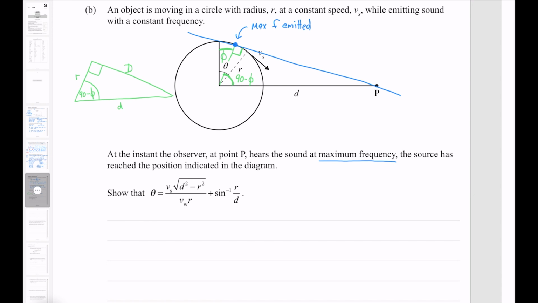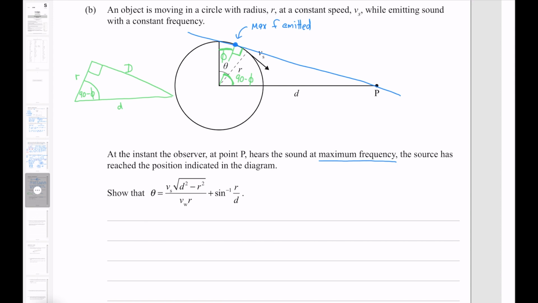Then I want to find an equation for the time, which we'll be able to do by using Pythagoras to find the distance and knowing that the velocity of the wave is just VW. Following that, we can just use some basic rotational mechanics to formulate an equation for the angle rotated through in that specific time. Bottom line is my first step is to find an equation for the angle phi.